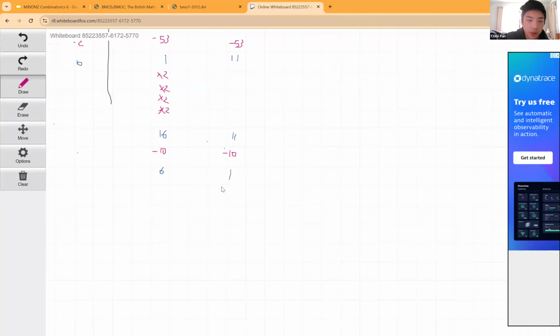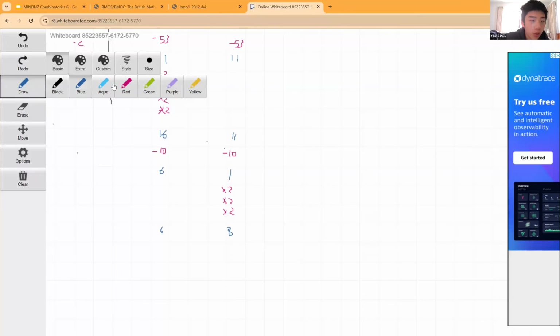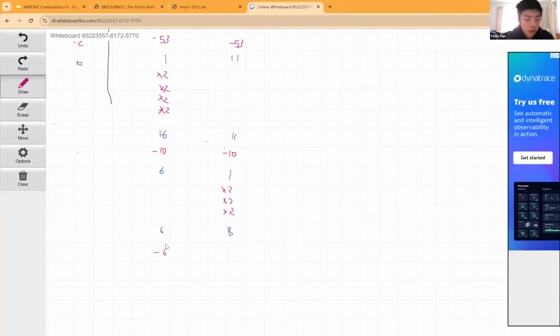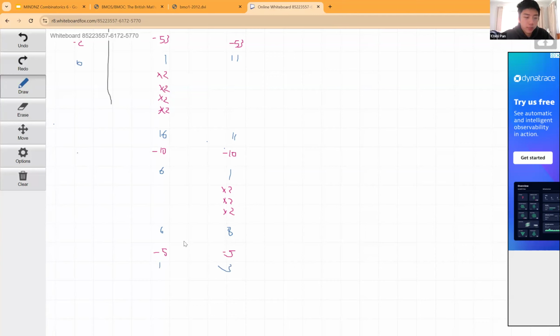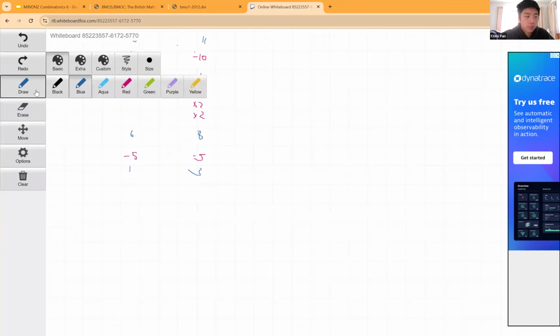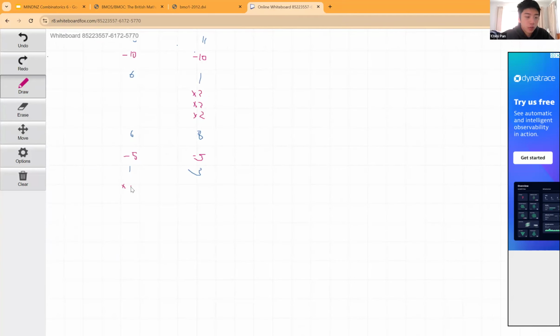And let's see what happens if we keep on repeating this process. We multiply this 1 until it's larger than the 6. We have 8 and 6. Okay, we see now that the difference is 2. So it's even better. 1 and 3. And now we see that our difference is 1.